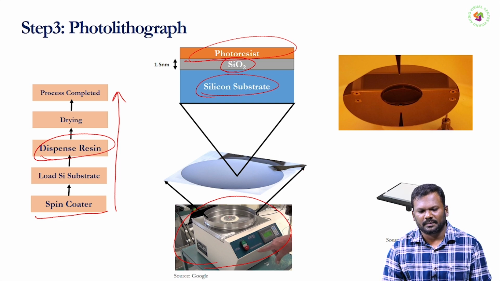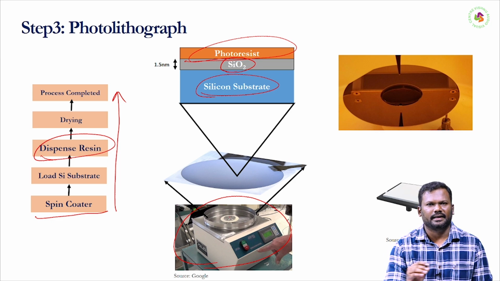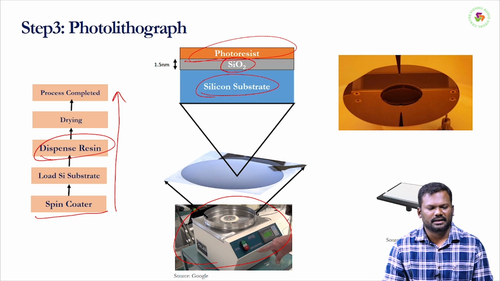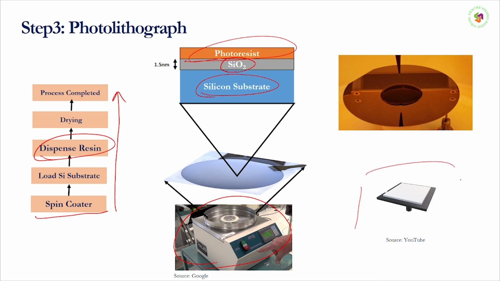Finally, you need to dry this deposited photoresist on top of the silicon substrate at 60 degrees to 100 degrees. Then the process is complete. In order to understand this, there is a video you can see here.